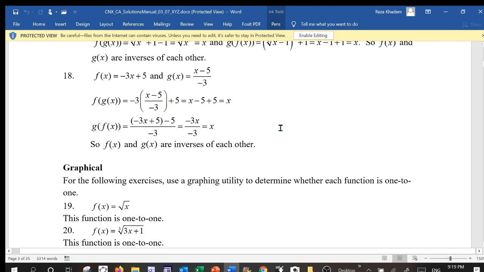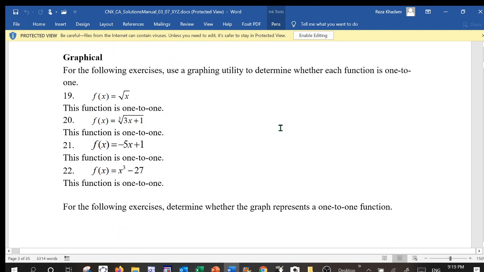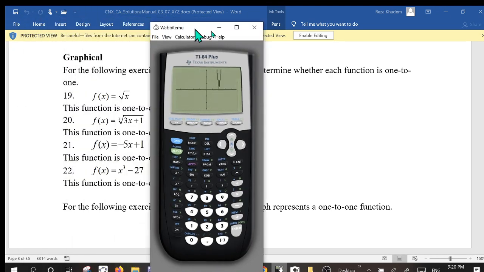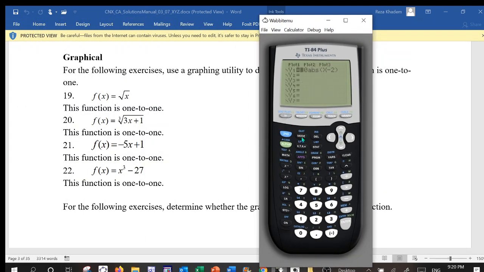And now we can do number 20. It says, use a graphing utility to determine whether each function is one-to-one. So you just have to graph these. We can graph it using a calculator. Let's do number 20.